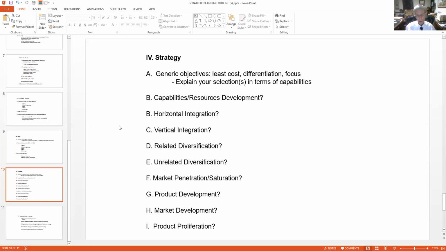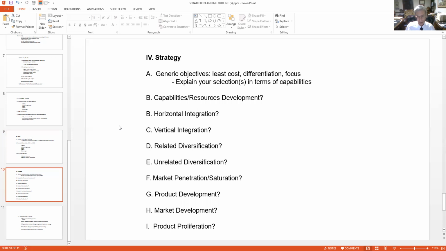The alternative, of course, is differentiation. There are a lot more ways to be differentiated than there are to be least cost. There's only one least cost competitor, but there are several differentiated competitors based upon what they're good at. And of course, your company can have that distinction industry-wide or in a particular segment of the market.